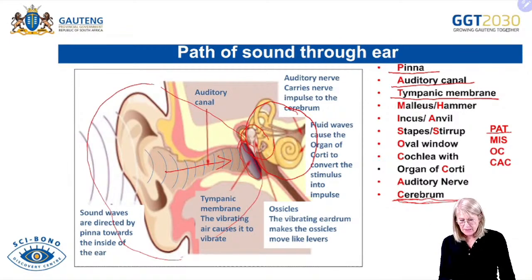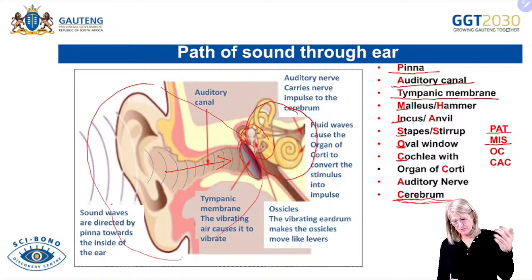Then we get to the middle ear, and there we're going to find the malleus, the incus, and the stapes. Those are your three little ossicles. So there we've got the next part of our little rhyme, which is MIS. And then from the middle ear, it goes into the inner ear, via the oval window and into the cochlea.